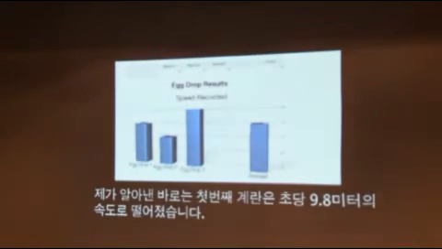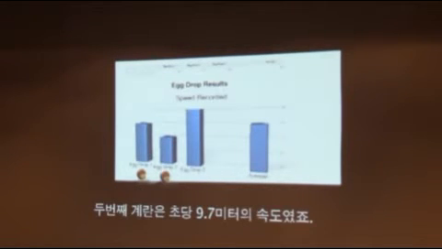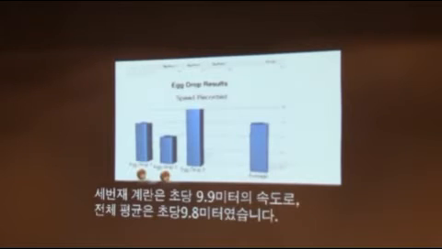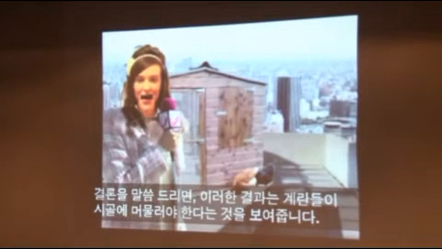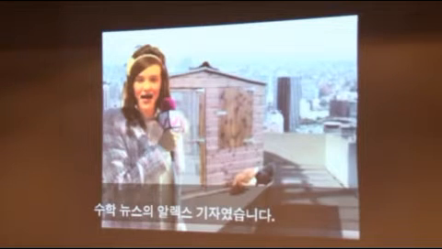The results show that the speed of the first egg drop was 9.8 meters per second. The second egg drop was 9.7 meters per second, and the third egg drop was 9.9 meters per second, giving an average of 9.8. In conclusion, the results show that the eggs should stay in the country. This is Alex reporting for Maths News.